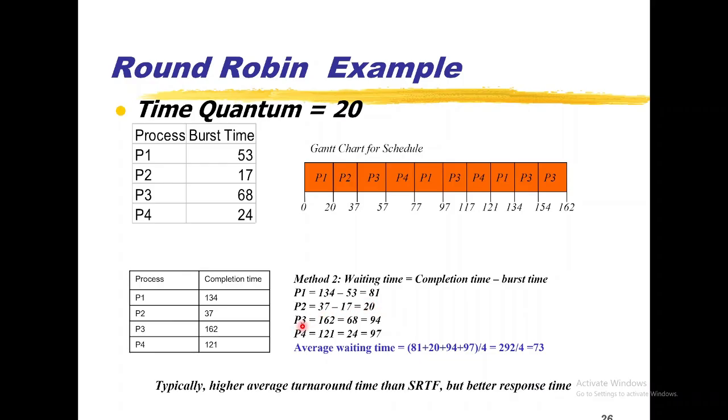Likewise, P3 was completed at 162, but it had a burst time of 68, and 162 minus 68 gives us 94. P4 has 121 minus 24, which was the burst time, and gives us 97. So with that, we still have the same 73 milliseconds as the waiting time.